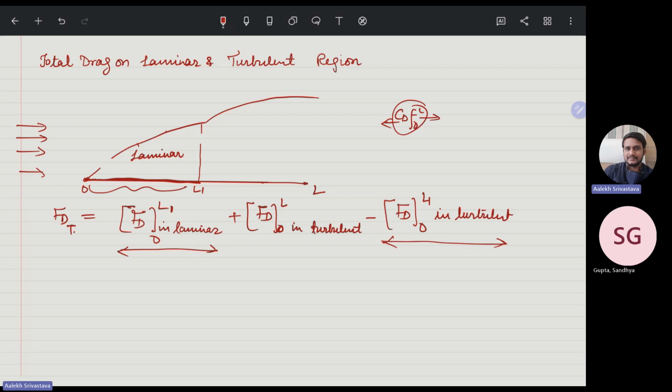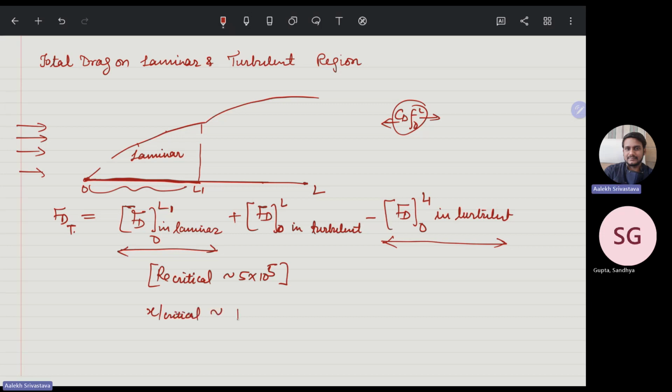Okay. And what is the critical Reynolds number where the transition happens? The critical Reynolds number is 5 into 10 to the power 5 for a flat plate. So if the flow is happening over a flat plate, you need to find the x for this critical value.